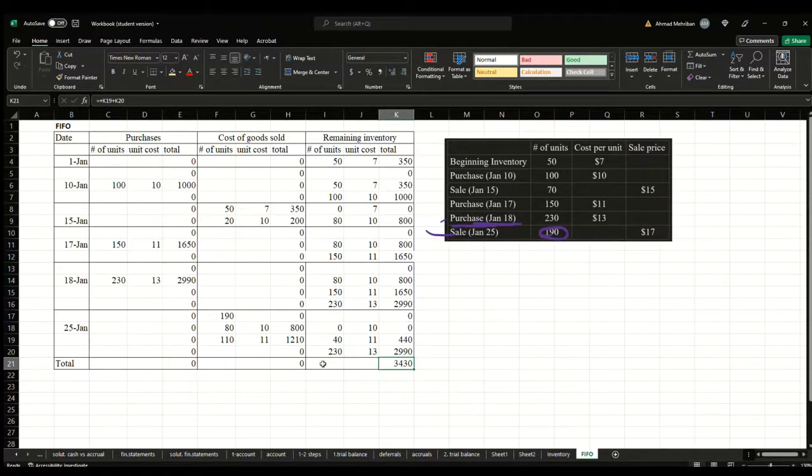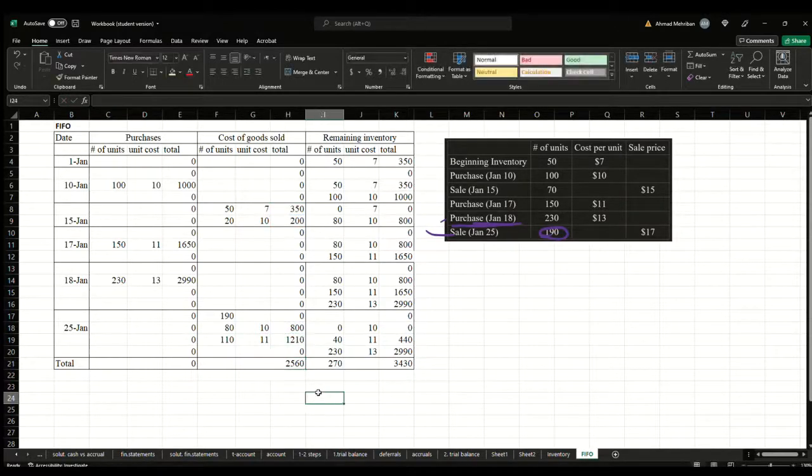The ending inventory is this 40 plus 230. So this is my remaining inventory and its value, and this is my total cost of goods sold, which is basically these two, plus the bottom two.